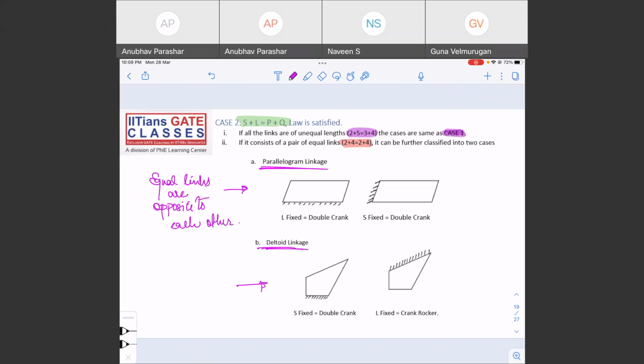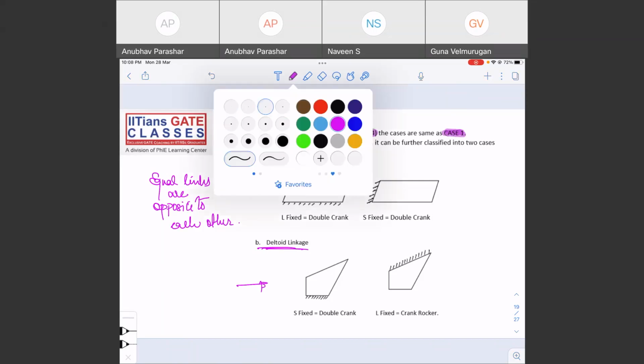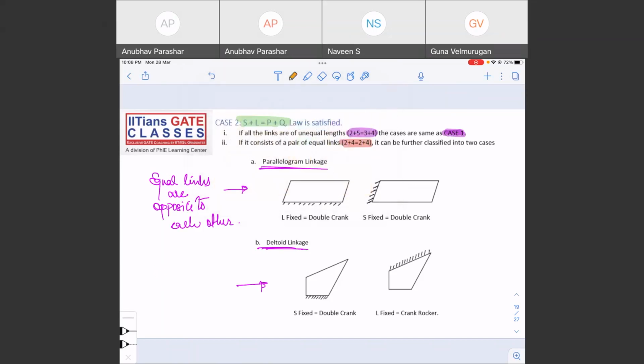What is a deltoid linkage? Equal links are adjacent to each other. So equal links are opposite to each other in a parallelogram linkage, and equal links are adjacent to each other in a deltoid linkage.